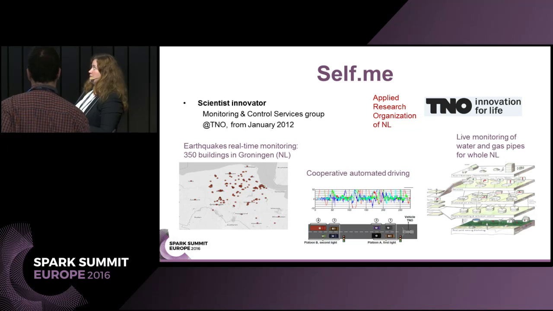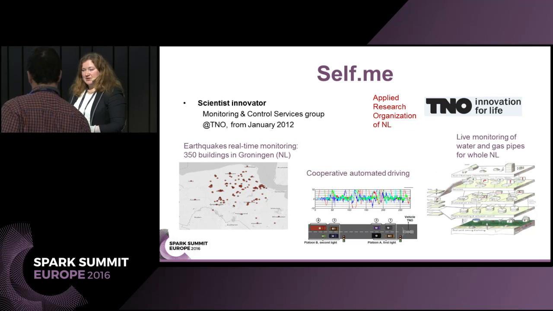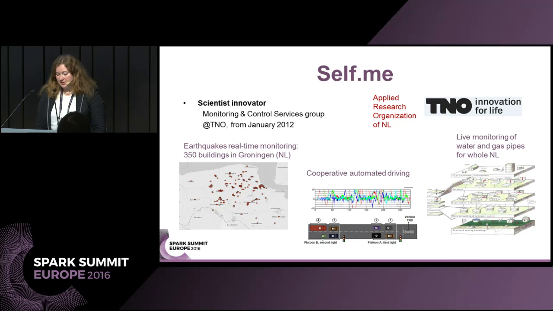What combines all the projects is sensor platforms, which means a lot of data, and all the steps from data gathering to data storage, data processing and visualization. I'm part of it, and for many projects I came to Spark for distributed data processing.